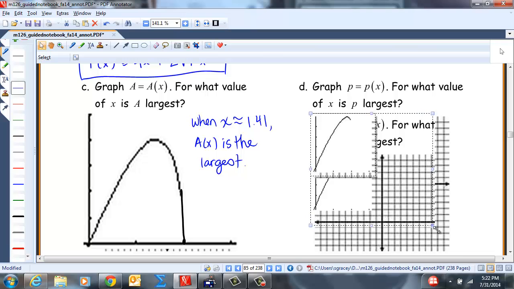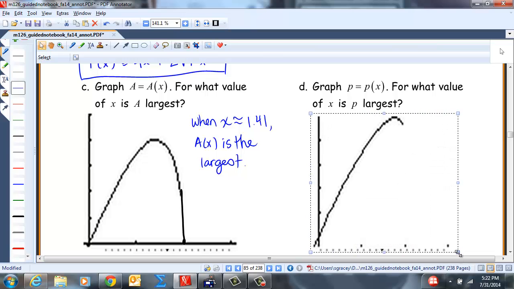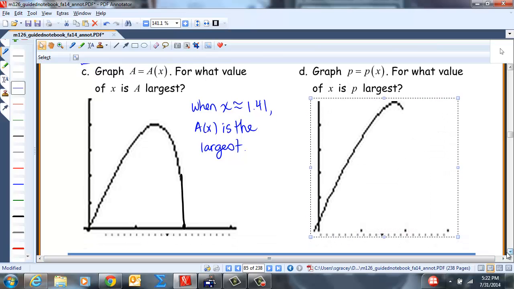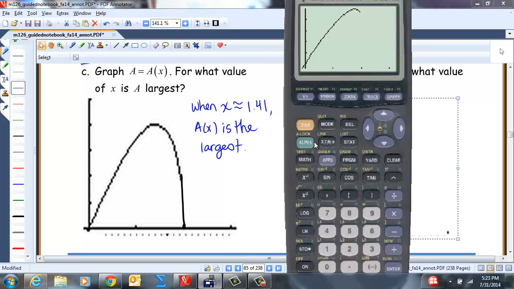And then let's see for what value of x the perimeter is largest. Going back to our calculator, if we go to second, calculate maximum again. Left bound here. Let's make sure you're to the right of that maximum.